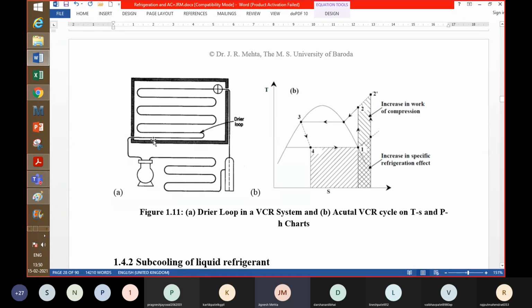So you cannot superheat it above that temperature. You won't be able to, or you won't want to, superheat it above that temperature. And so there is a limit to this superheating inside the refrigerated space. It could be actually only a few degrees inside the refrigerated space.